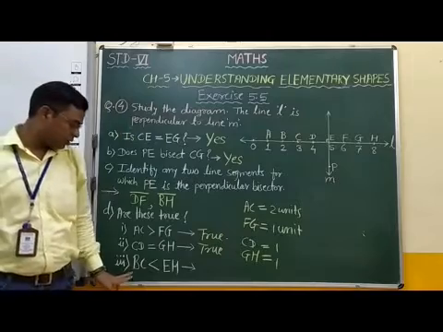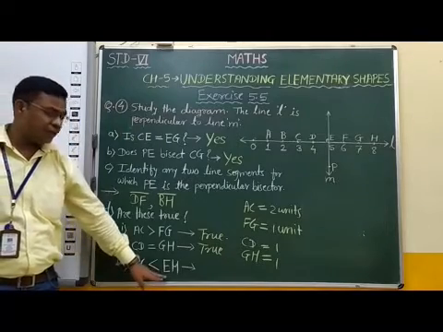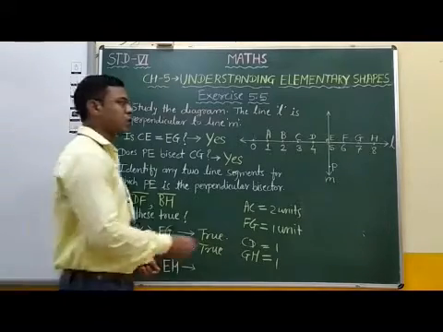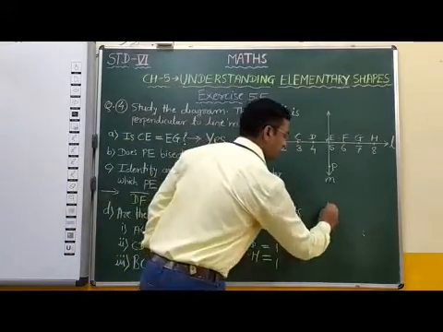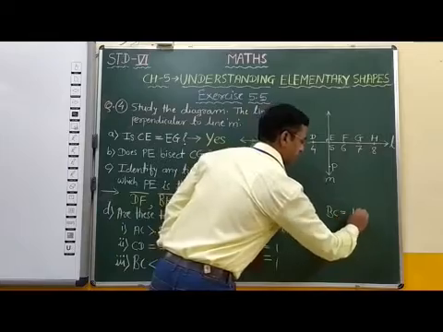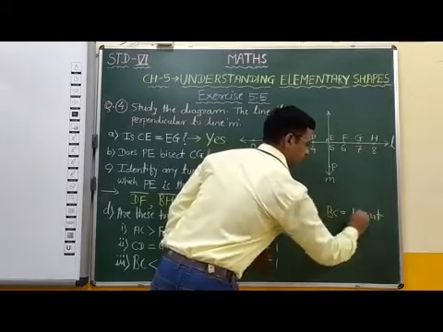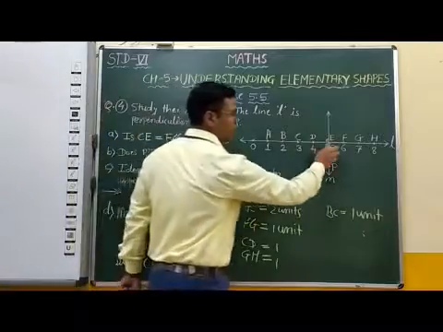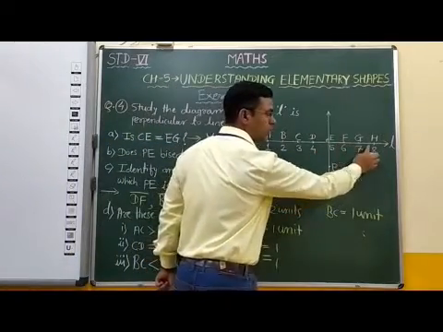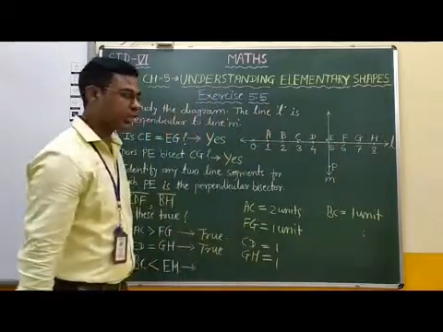Now, third, BC less than EH. BC is equal to only 1 unit, and EH, 1, 2, 3, EH is equal to 3 units.